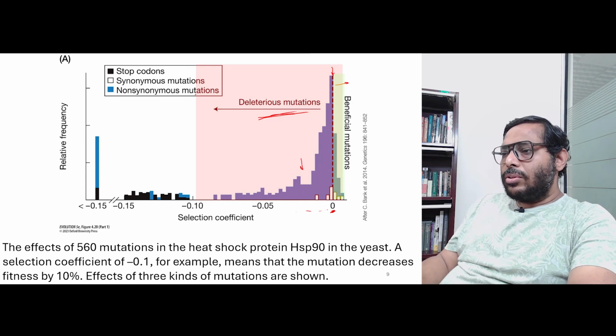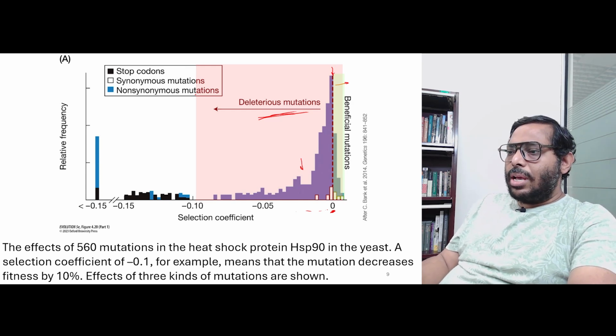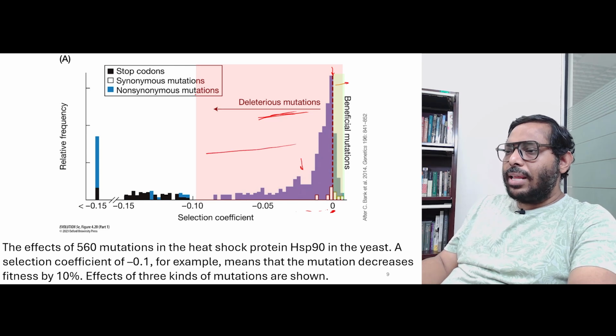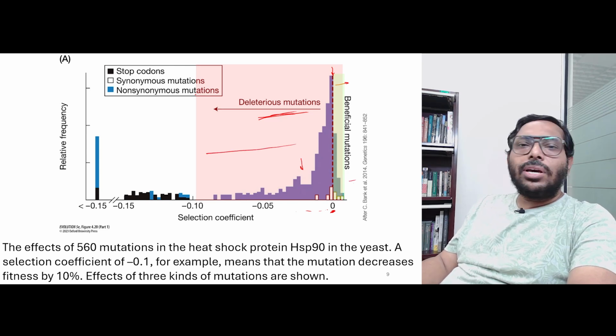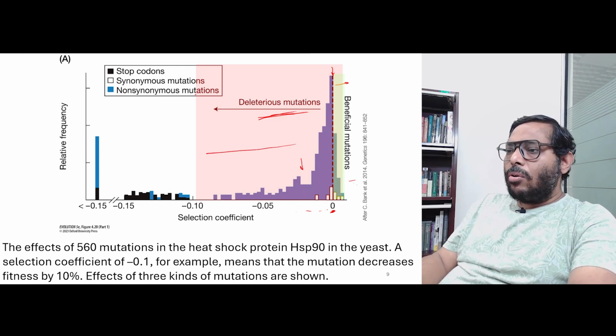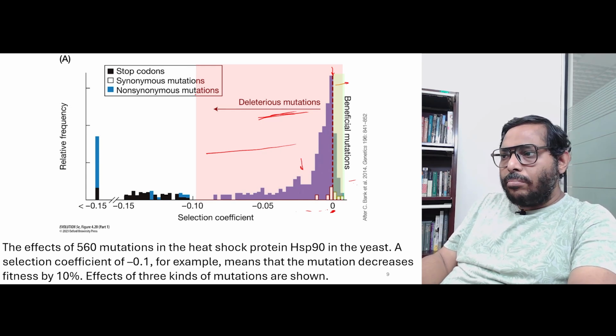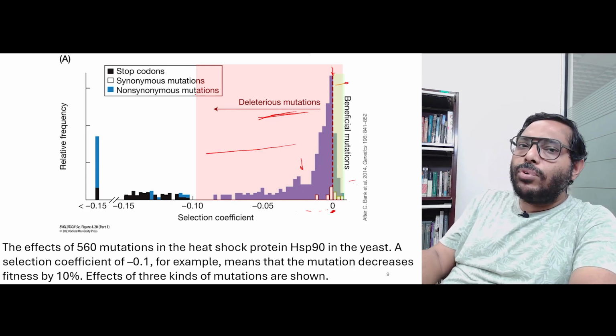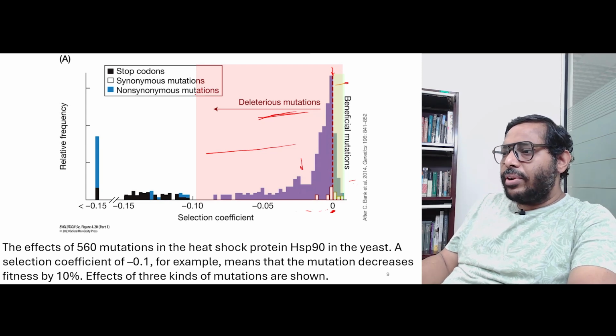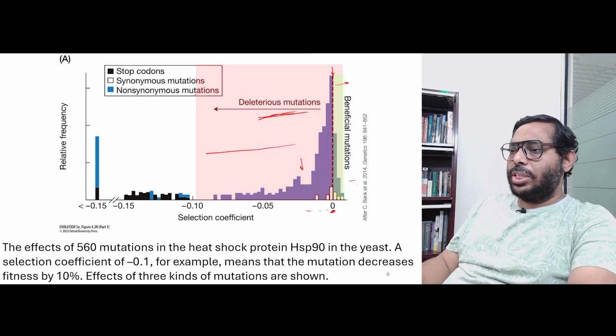Okay. So, the first thing that you see is that an overwhelming majority are actually on the left side. There are very few which are on the right side. Okay. And on this side, the further you go from this 0 line, the more harmful the mutation is. Similarly, the further you go on the right hand side, the more beneficial the mutation is.